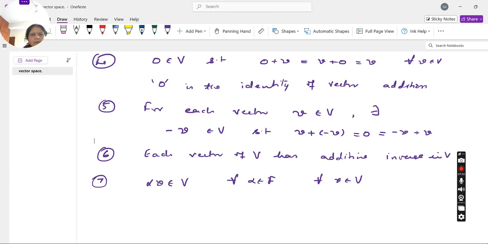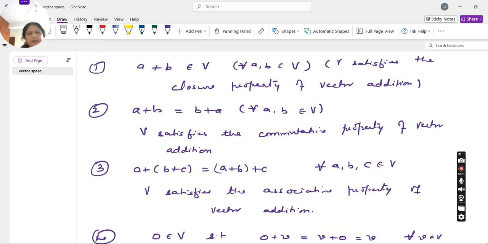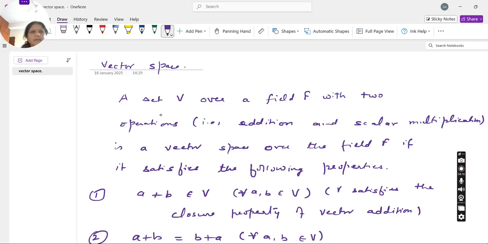So the set of vectors V over the field F with two operations is said to be a vector space if it satisfies all these properties.